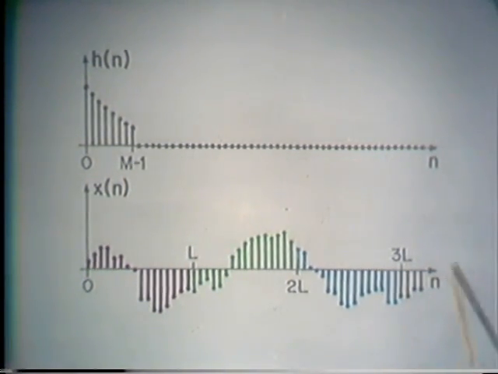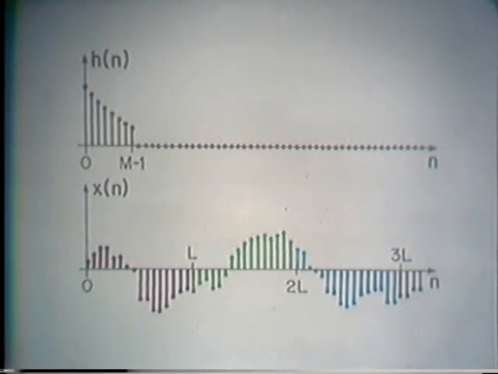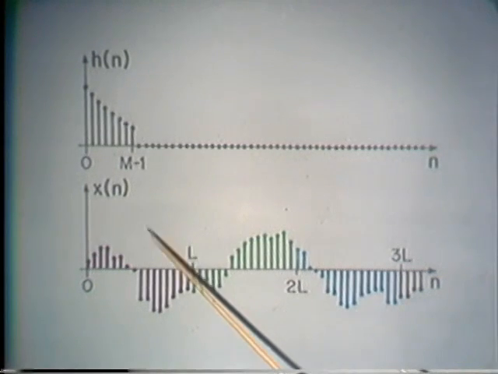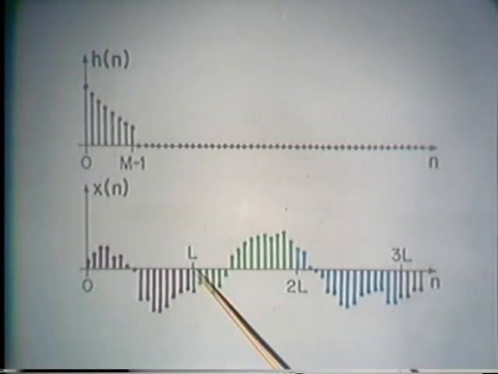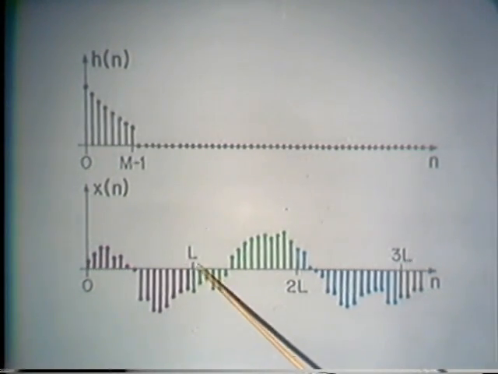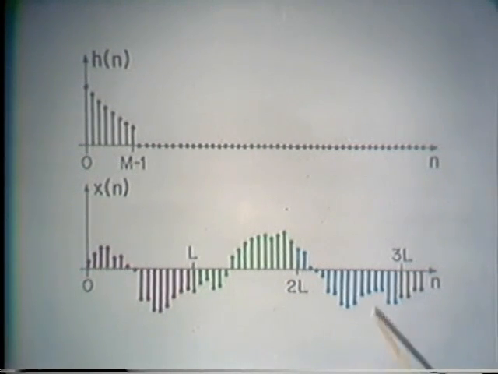We have an input signal that's arbitrarily long, starts at 0, let's say, and runs on for an indefinite length. We could imagine sectioning the input, sectioning x of n, into sections of some length, and let's call the length capital L, so that we have a number of sections of length capital L.